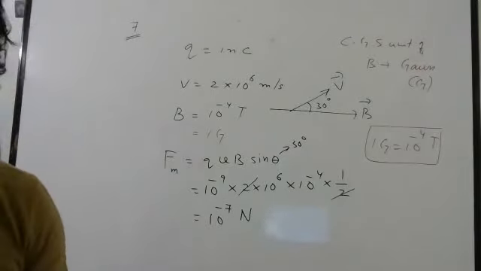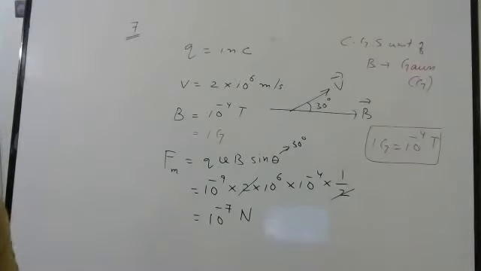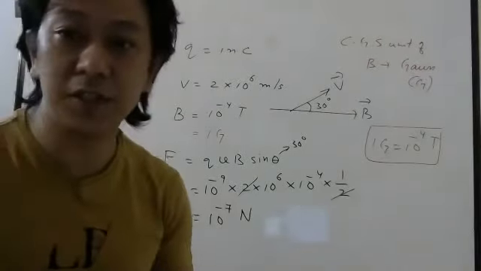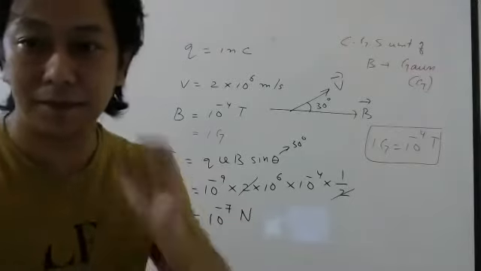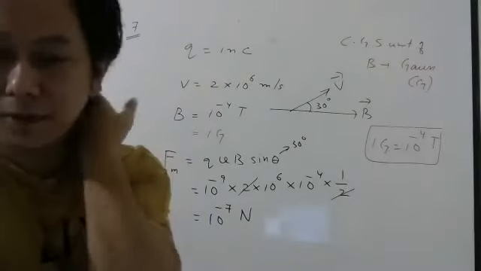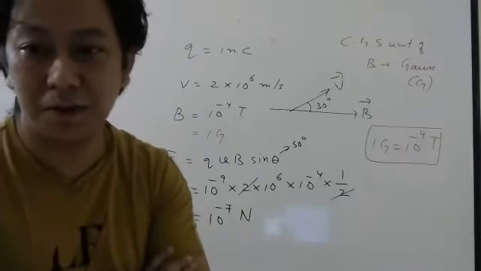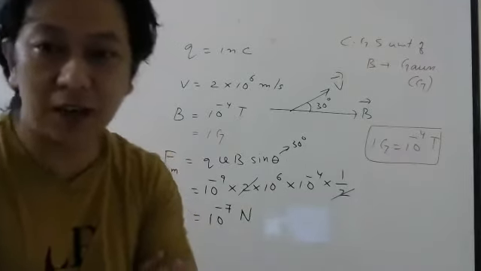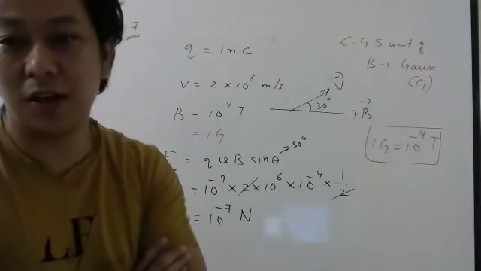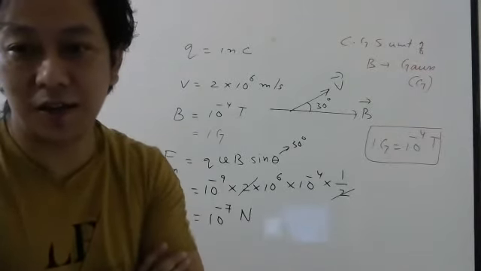By the way, what rule we use to find the force, magnetic force on a moving charge or on a current? What rule we use to find direction of the force on a moving charge or on a current carrying conductor?